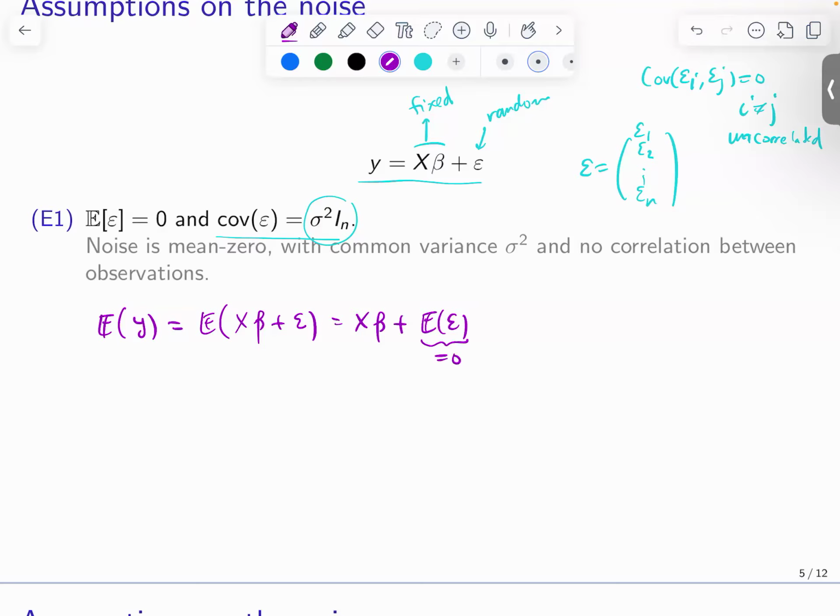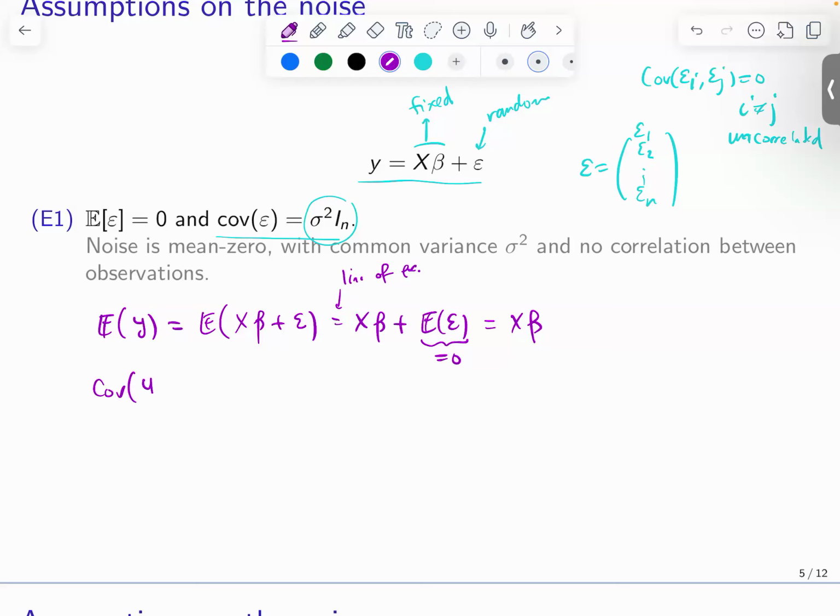It's 0 by assumption. Okay, yes, great. So x beta is fixed. It comes out of the expectation. This is a linearity of expectation application. And then the expectation of epsilon is 0, so you get x beta. Good. Any questions? Linearity of expectation.